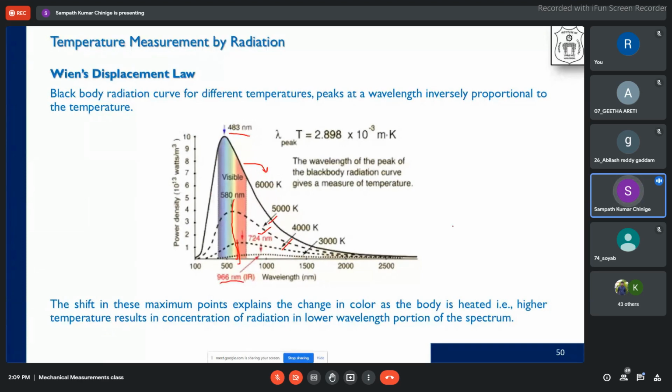So as the temperature is increasing, you are getting the maximum emissive power density at lower wavelengths. The same principle we will use. That means for a particular temperature, the body will emit a particular color. So that is mostly clear by this.